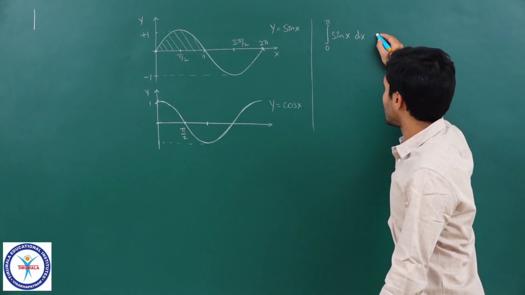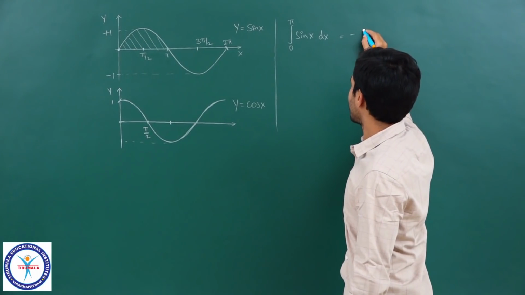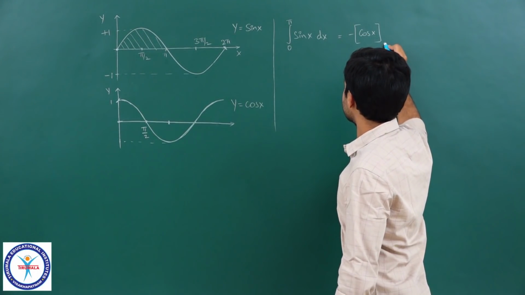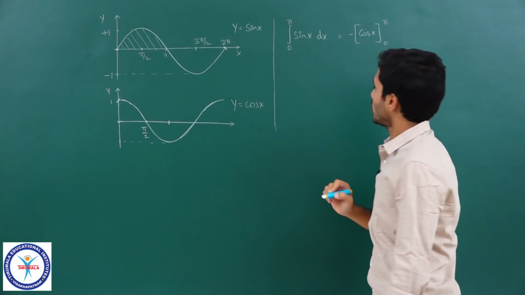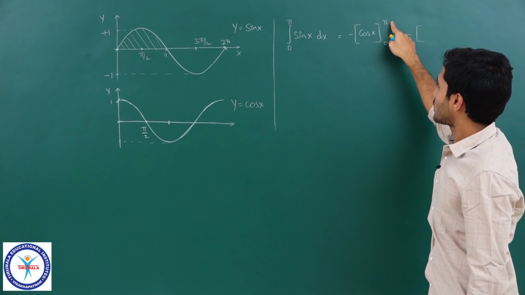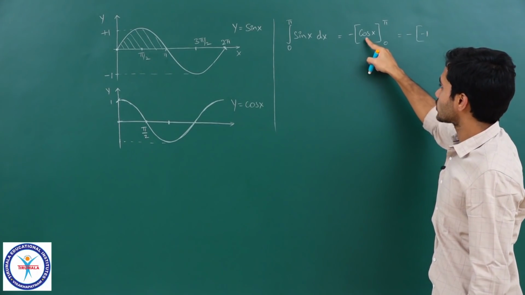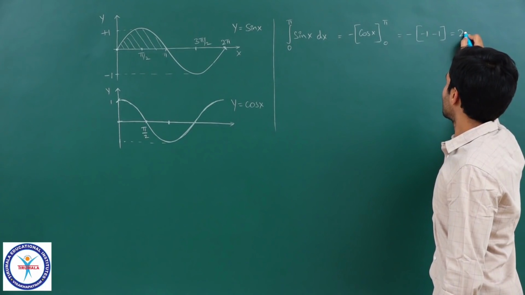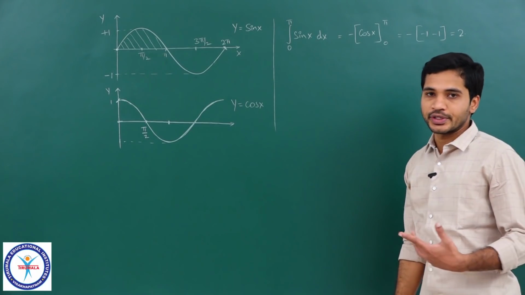Clear? Now, when I integrate this, we have seen just earlier that I will be getting minus cos x, and when I substitute the limits as 0 to pi, what do I get here? This will be equal to minus of cos pi, which is minus 1, minus cos 0, which is 1, and solving this will give me the value as 2 units, correct.